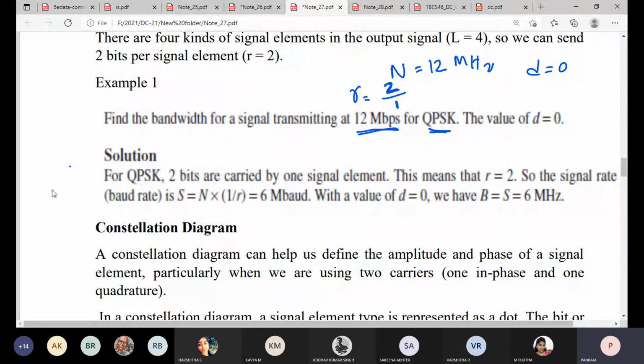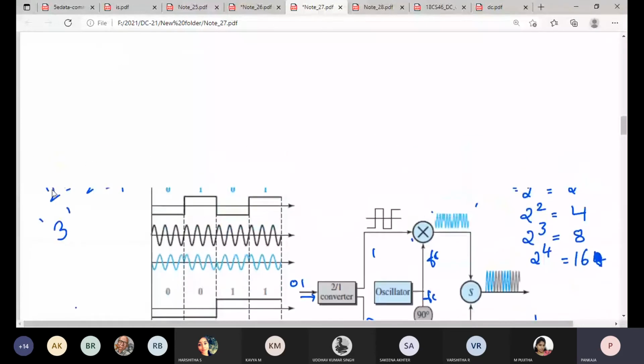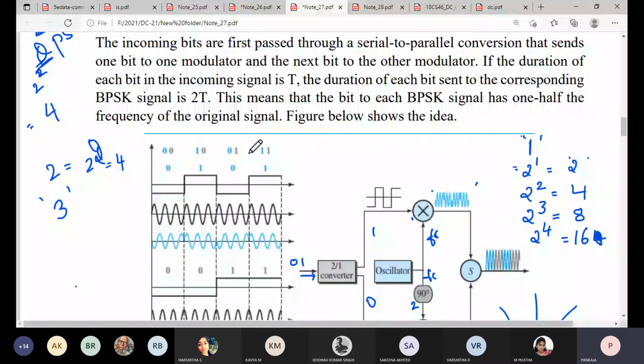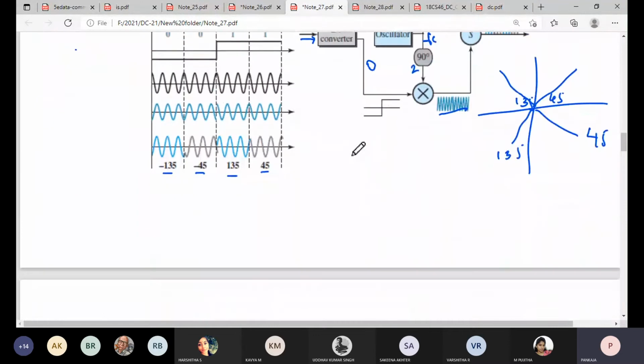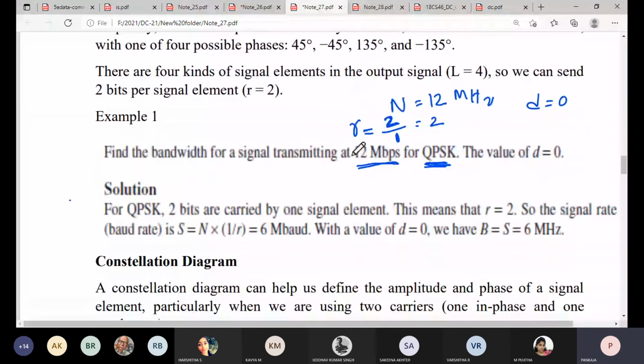In that case, r is equal to 2 by 1, that is equal to 2. So how did you get r? Because of this term QPSK, as we discussed in this diagram. QPSK is where two data elements are carried by one signal element. That is called quadrature phase shift keying.